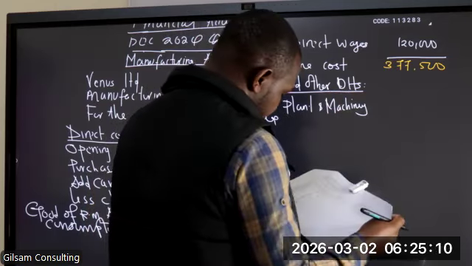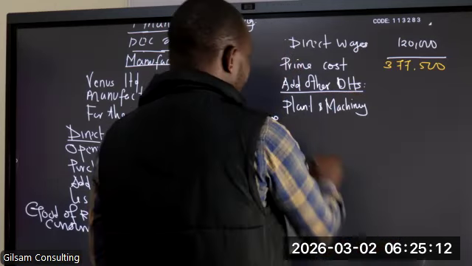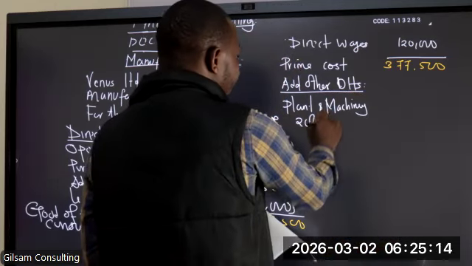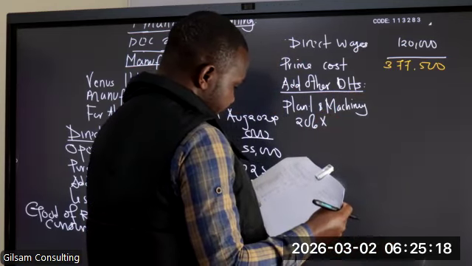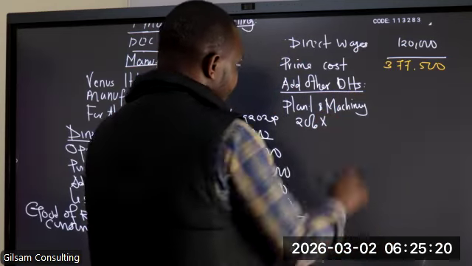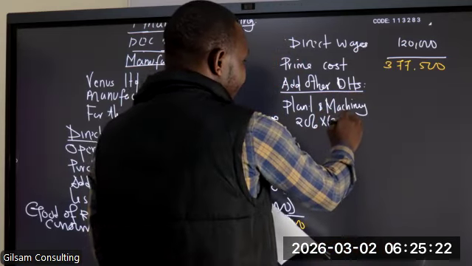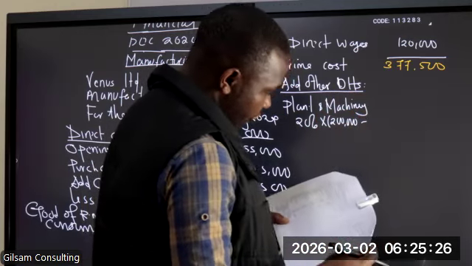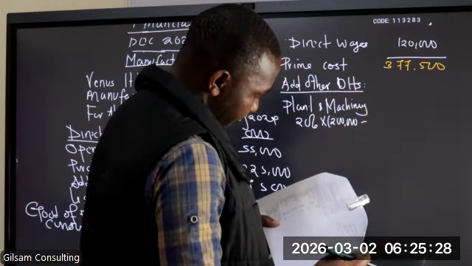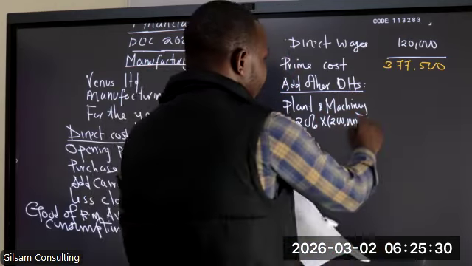We always put in manufacturing 20% on a reducing balance, multiplied by the net book value of the plant and machinery. 200,000 is the cost minus accumulated depreciation of 20,000.